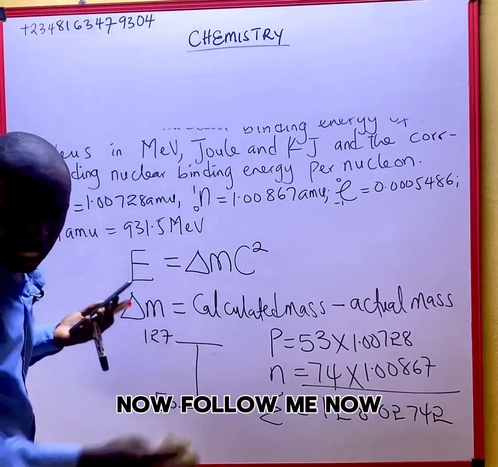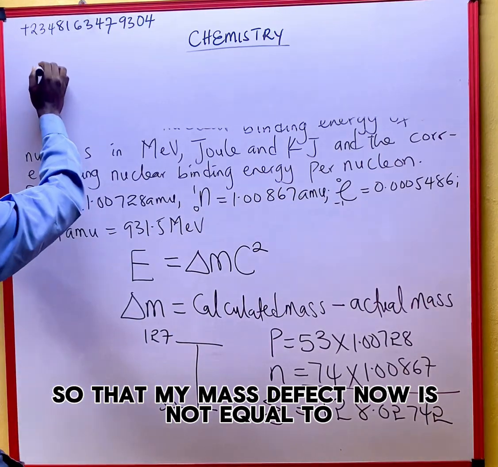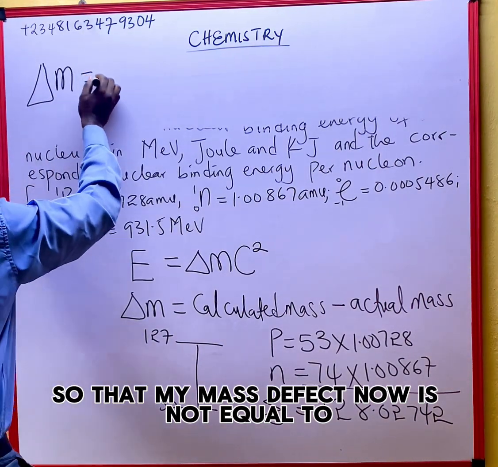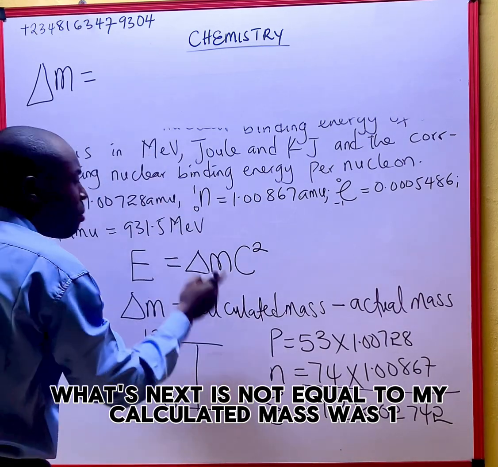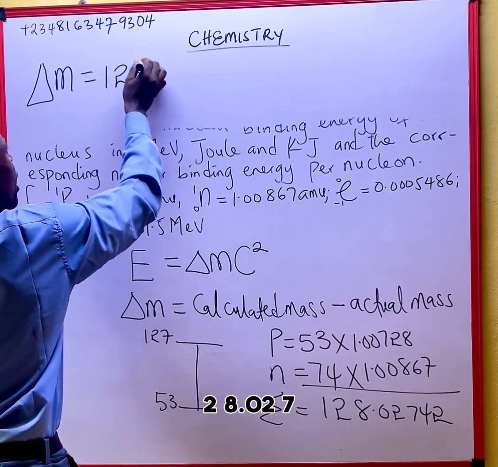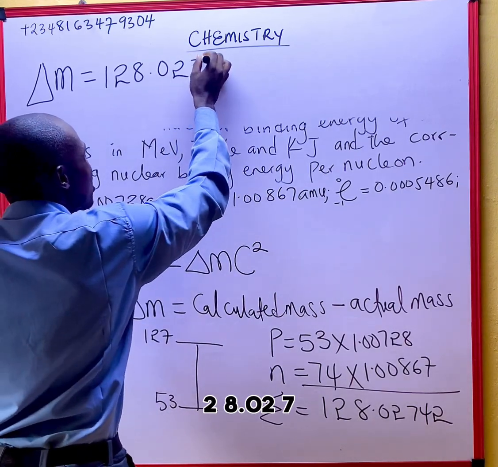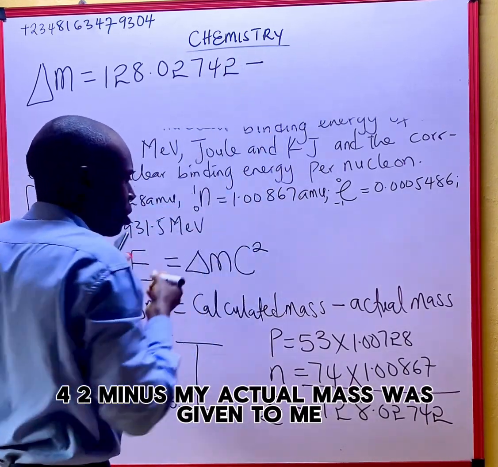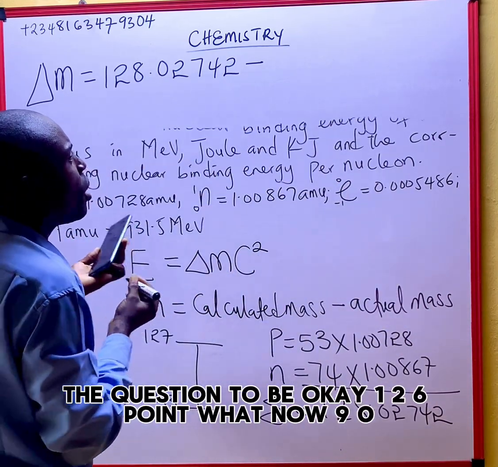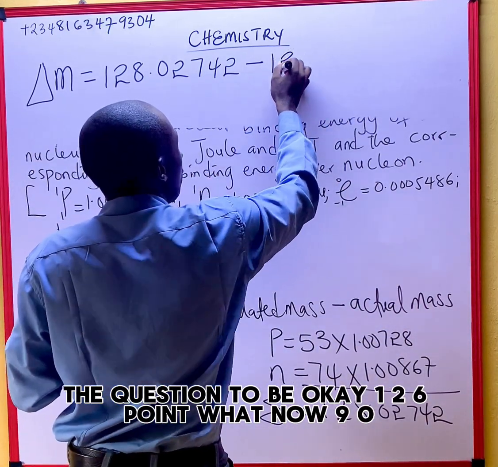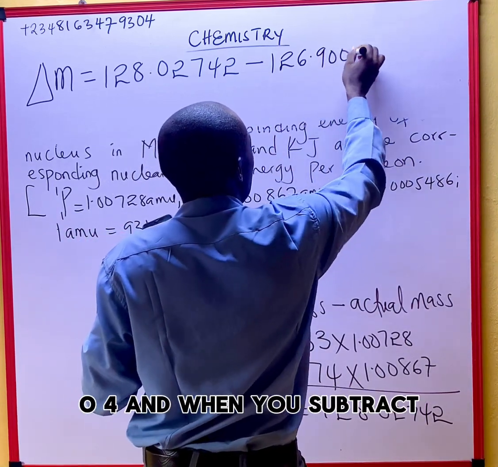Now, follow me. Now, I have gotten my calculated mass, so that my mass defect now is equal to what next? It's now equal to, my calculated mass was 128.02742 minus my actual mass was given to me in the question to be 126.9004.